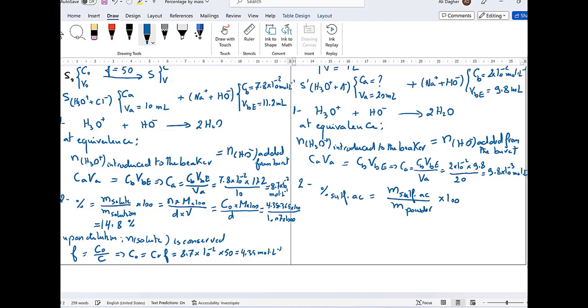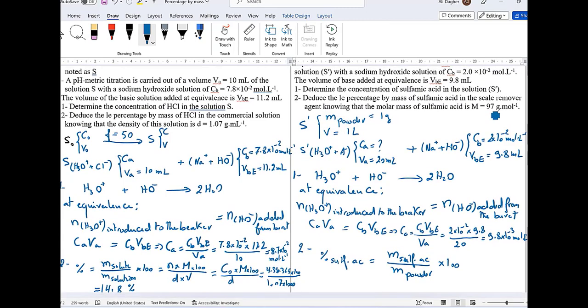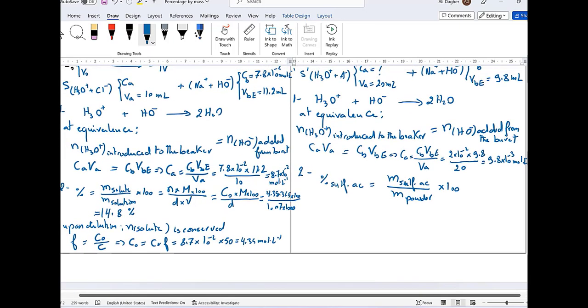This is the percentage by mass of a solute in a powder. The mass of powder is 1 gram dissolved in the 1 liter solution. We should determine the mass of sulfamic acid in 1 liter of solution.